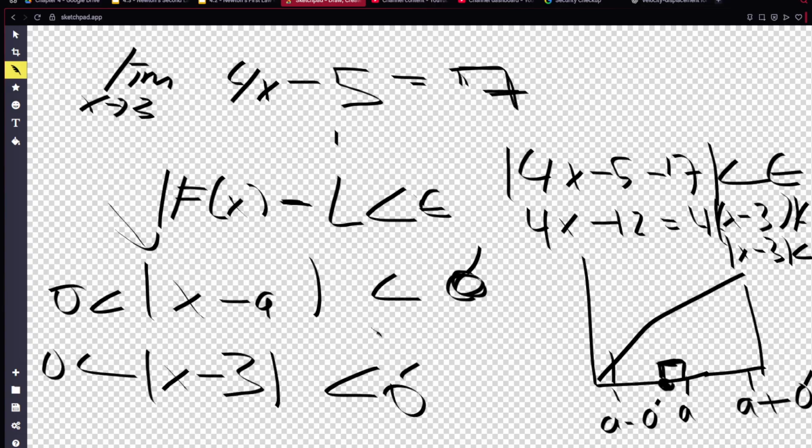So since delta is bigger, that means delta is smaller than epsilon divided by 4. And that is the proof and precise definition of limits.